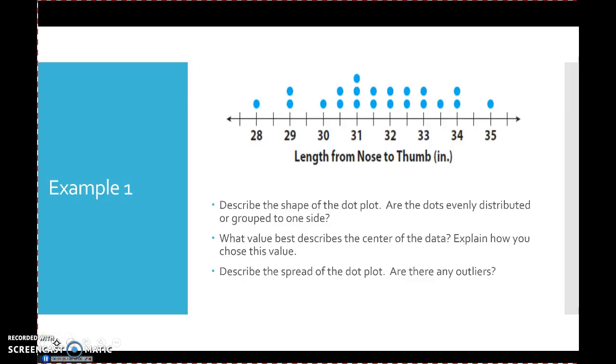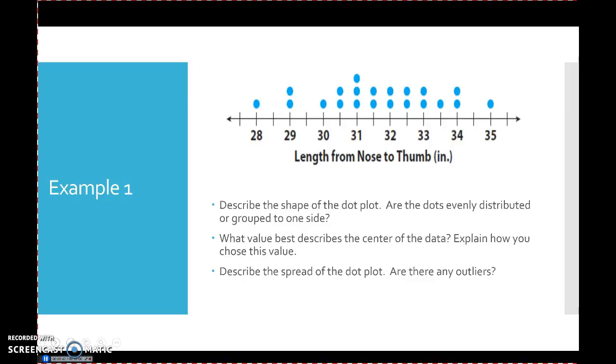So let's take a deeper look at this example. So people once used body parts for measurements. For example, an inch was the width of a man's thumb. In the 12th century, King Henry I of England stated that a yard was the distance from his nose to his outstretched arm's thumb.